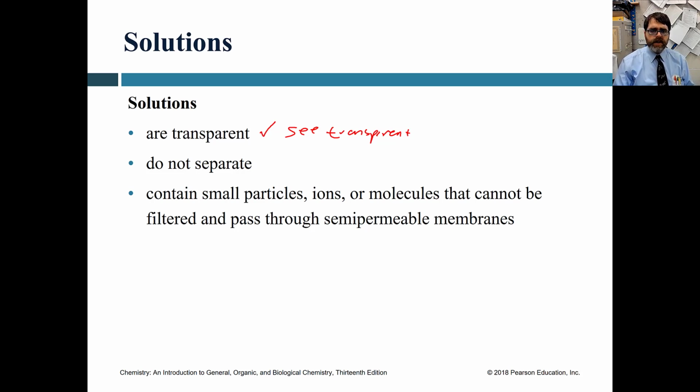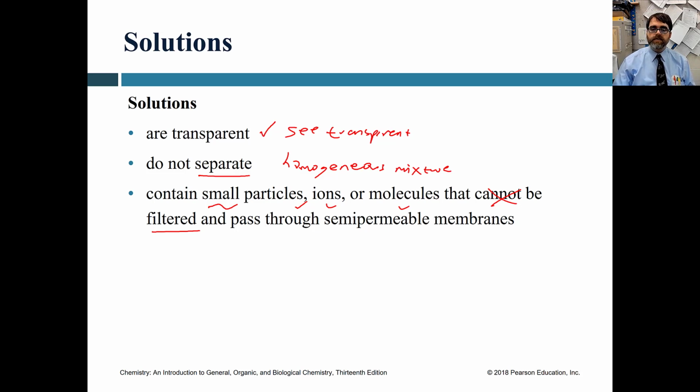They do not separate. That is, they are a homogeneous mixture. And they contain small pieces. That could be particles, ions, or molecules that cannot be filtered. That is, they don't separate out of solution through normal separatory techniques.